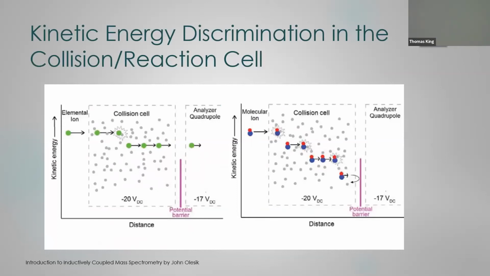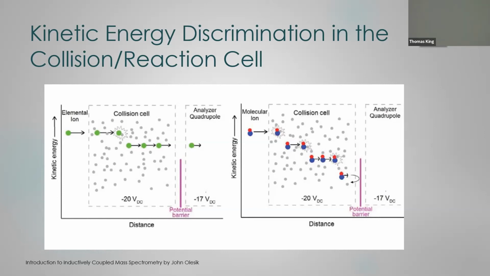The molecular ions are eliminated through a process called kinetic energy discrimination, KED. Your ions travel through a collision reaction cell, which is basically a quadrupole that allows all ions of any mass to charge ratio to pass. In this cell, there's helium gas, and the molecular ions take up more physical space, so they collide with the helium more readily.